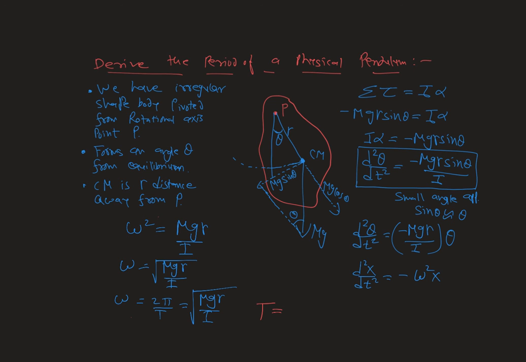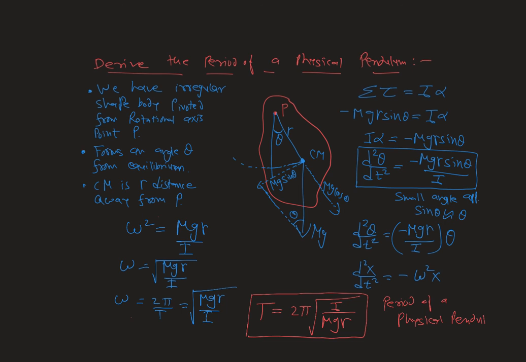It's a physical pendulum, its entire body with the center of mass moving back and forth. What kind of period equation can you give for that? Here you go. You can rearrange from this, and we get T equals 2 pi square root of I over mgr. This is the period for a physical pendulum.